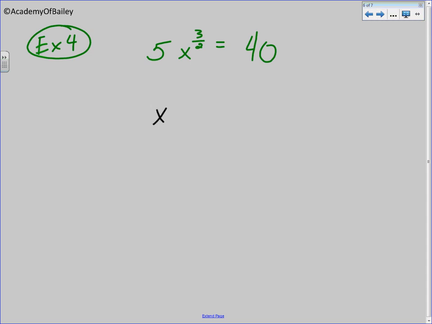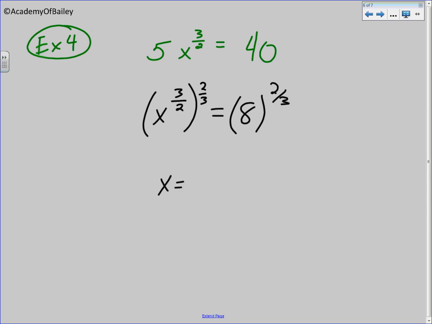Alright, I divided both sides by 5 to get 8. I'm going to raise both sides to the 2/3 power, which then will leave me with x.